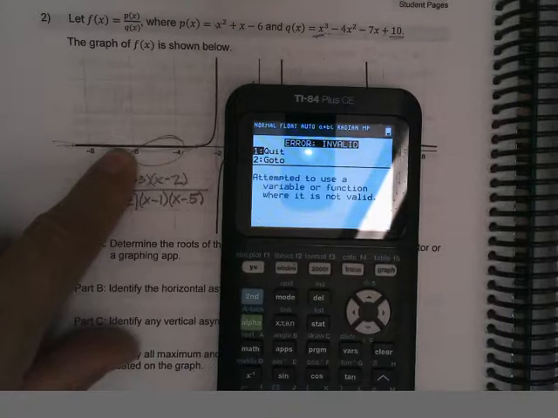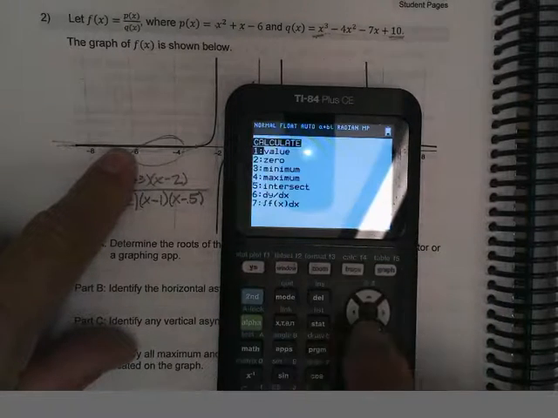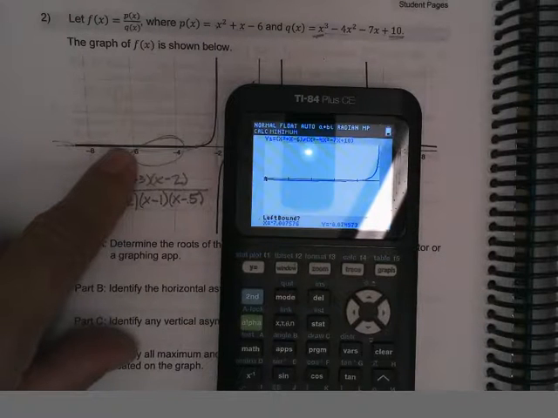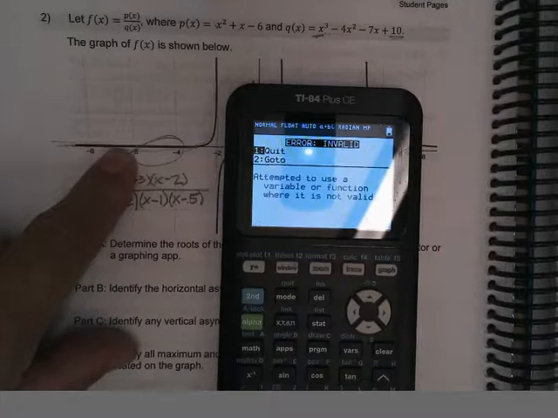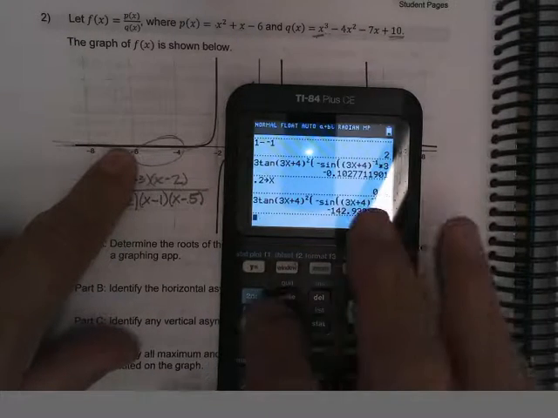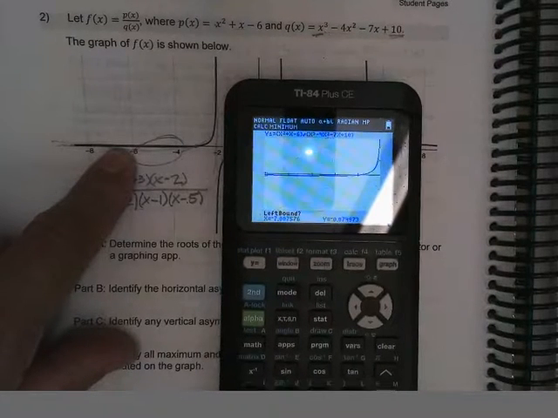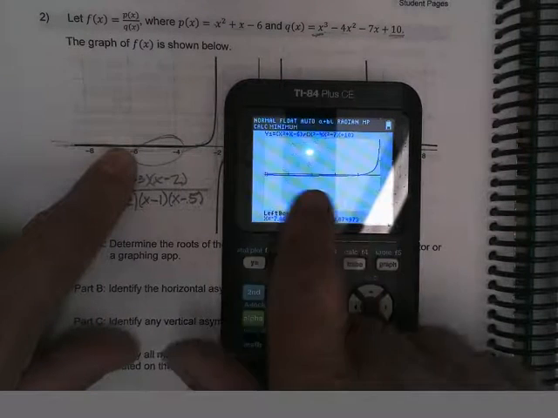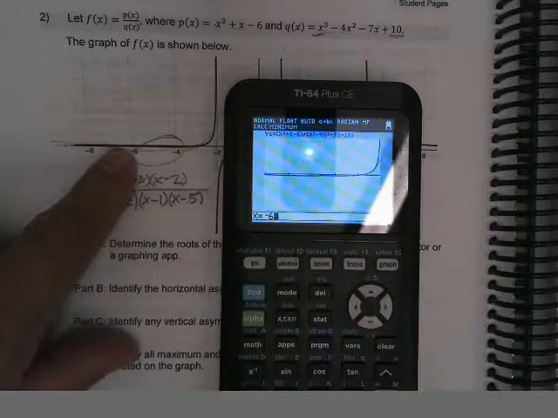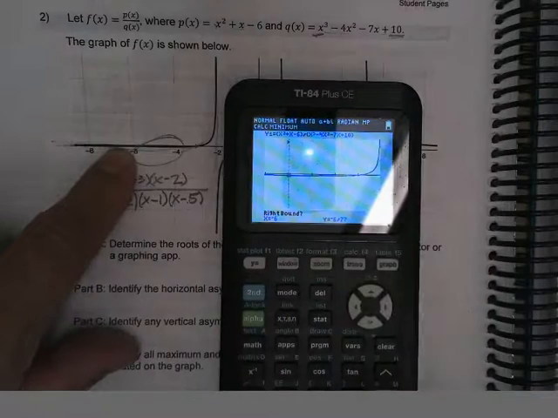Second, calculate the minimum between negative 7 and negative 2. What am I typing wrong? Second, calculate the minimum left bound. Oh, I might be going too far over. Negative 2 might not be on the screen.